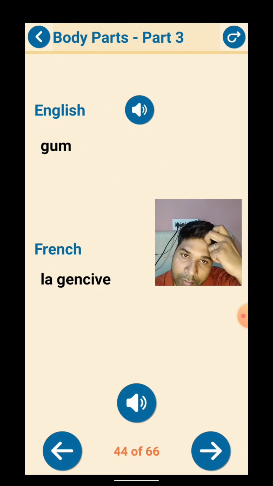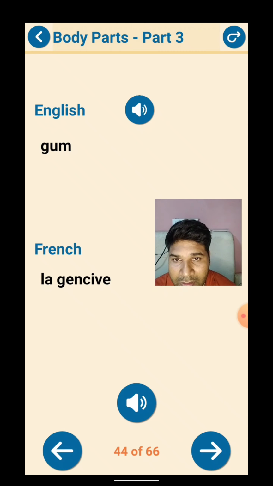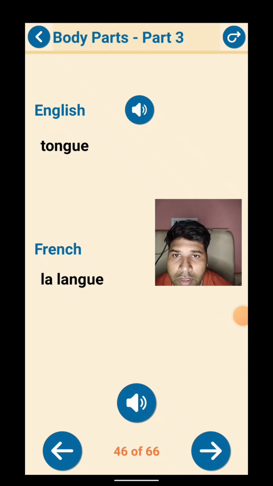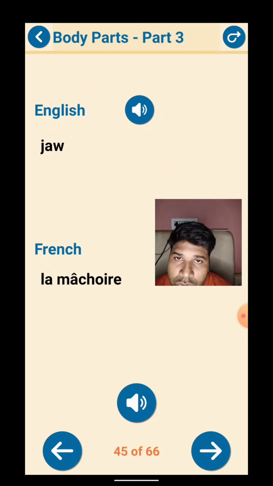Gum in English and la gencive in French. Tongue in English, la langue. Jaw in English, la mâchoire in French.